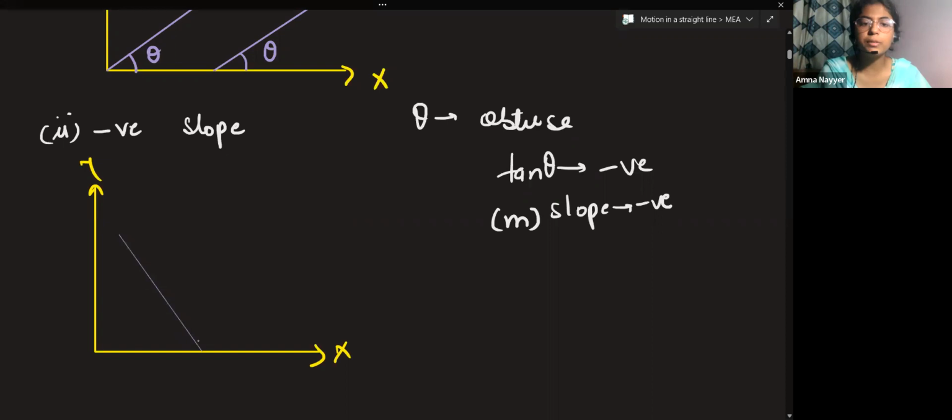If your slope is like this, see, this is theta over here. Are you able to observe? This is more than 90 degrees. If you see such kinds of graphs, this is an obtuse angle. This could be anything, for example 120 degrees. So tan 120 is what? Minus root 3, I think. No need to go into that. This is known as a negative slope.